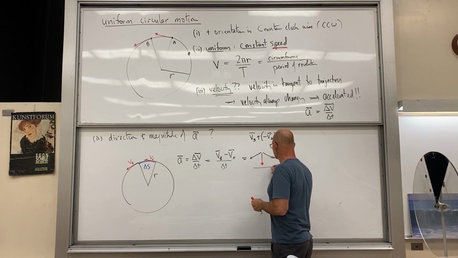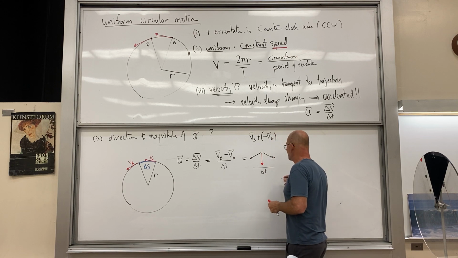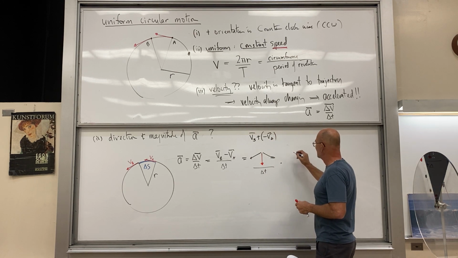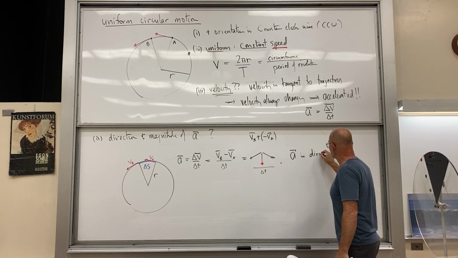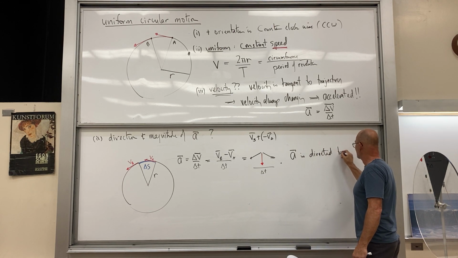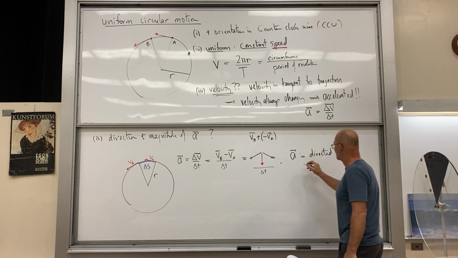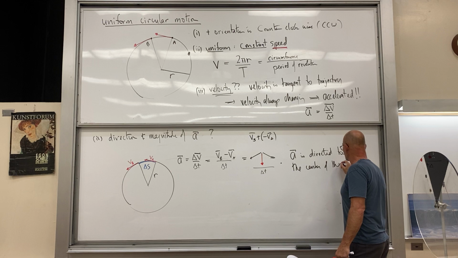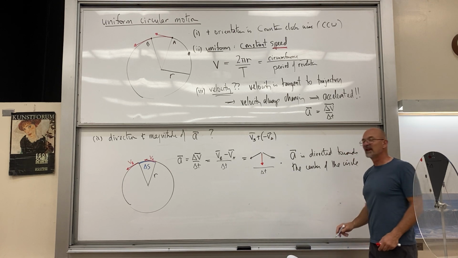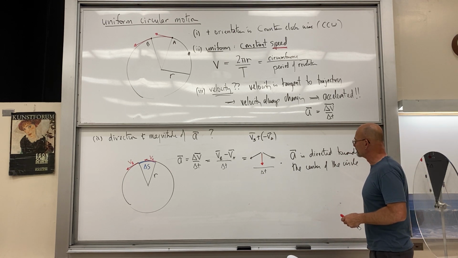So, we could divide this by delta T. And so what we have is acceleration is directed towards the center of the circle. I have plenty of other proofs of this as well. It's an interesting point.